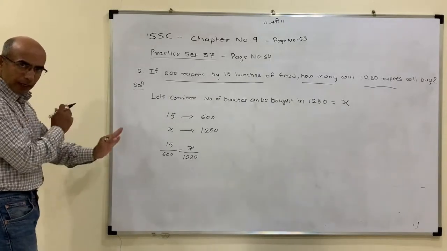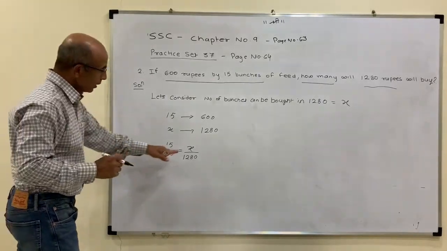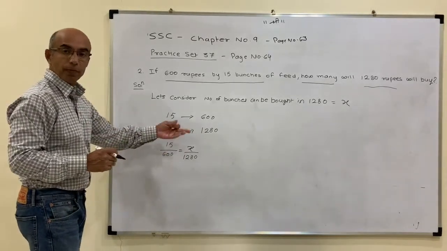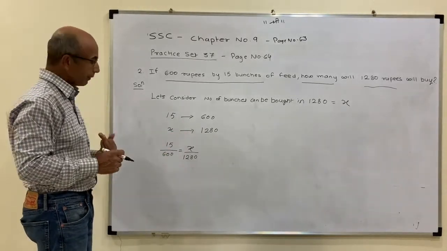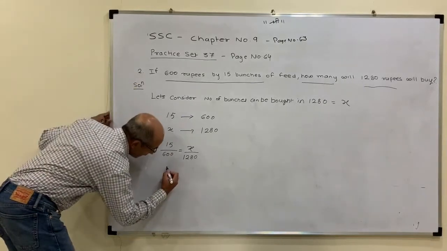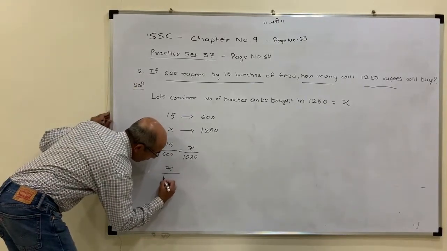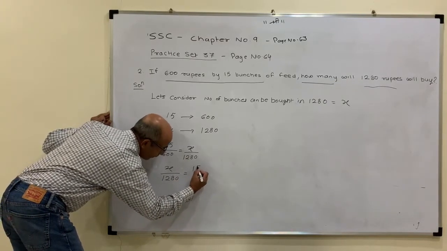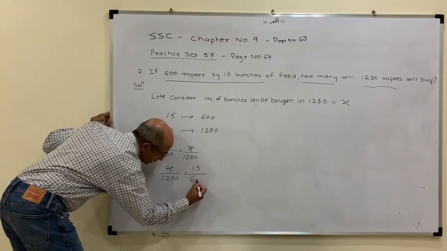We shuffle the right hand side and left hand side. It's a convenience and a standard procedure that what is to be found should always be on your left hand side. So I write x divided by 1280 equals 15 divided by 600.